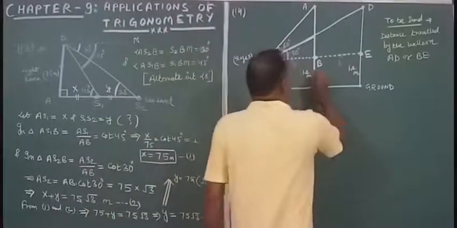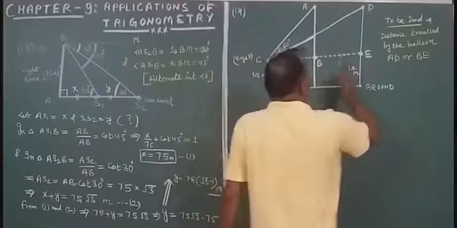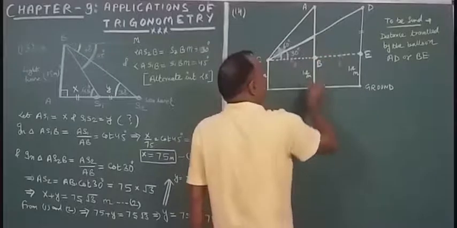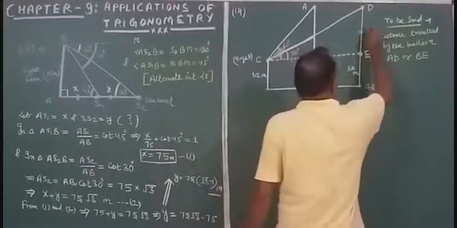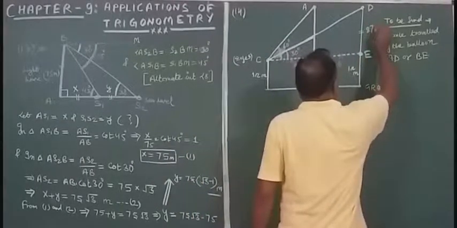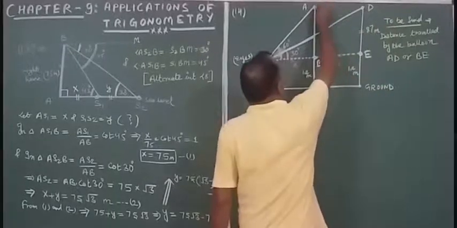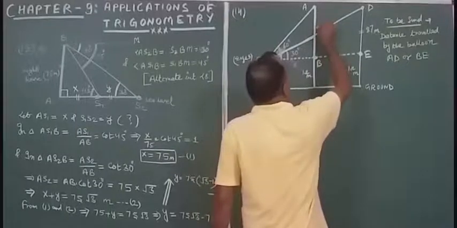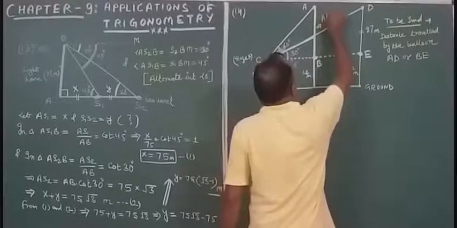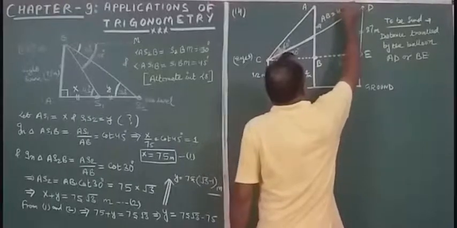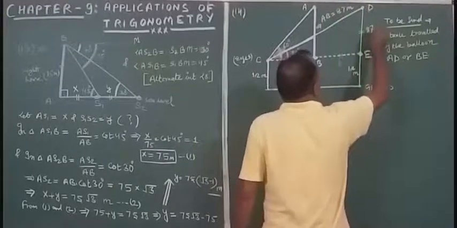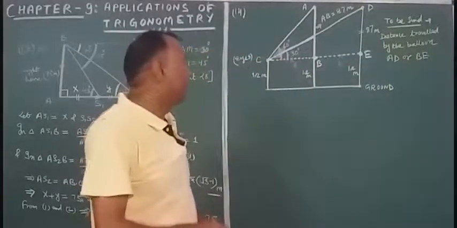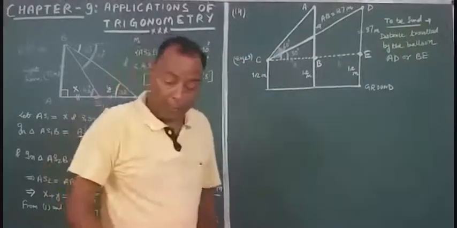So if it is this much, what will be this height? This is 88.2, 1.2 is this, so this is 87 meter. And this AB is also how much? 87 meter. And this D is also 87 meter.